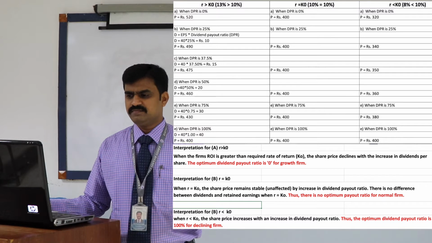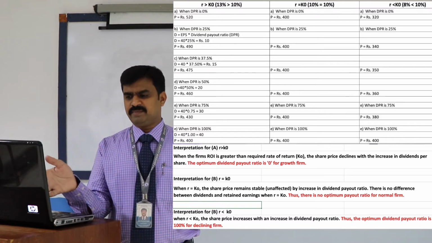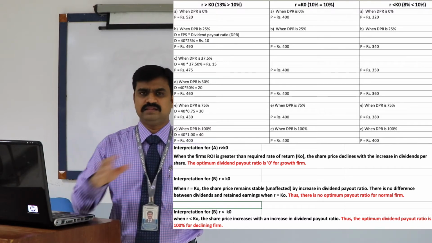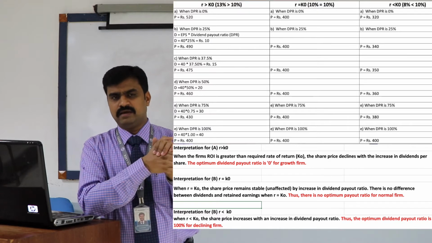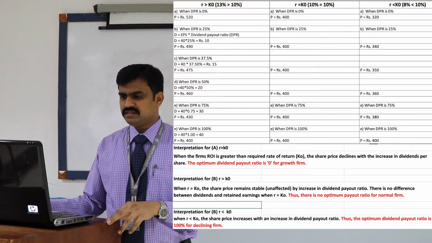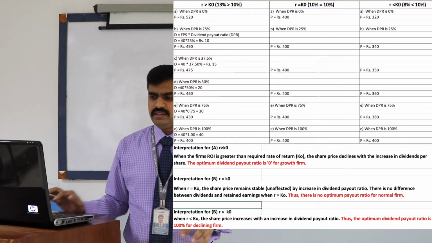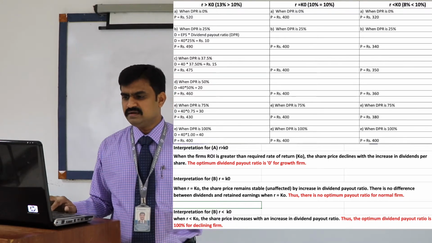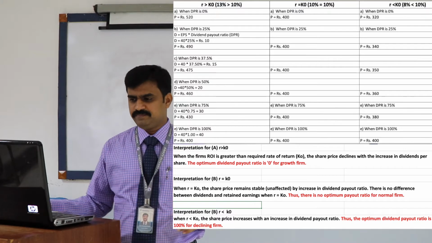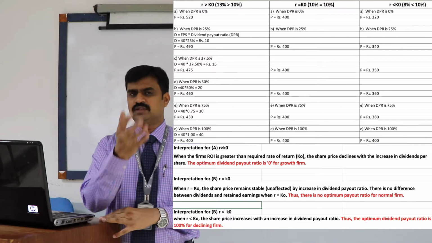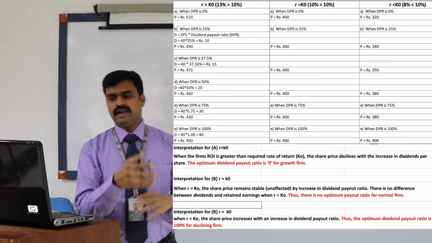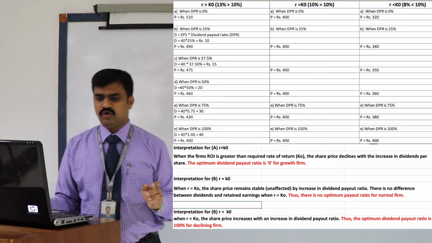520. When DPR becomes 25%, the share price will become 490. Then when it becomes 37.5%, it again decreases to 475. Further, the fourth one, if it is 50%, the price will become 460.